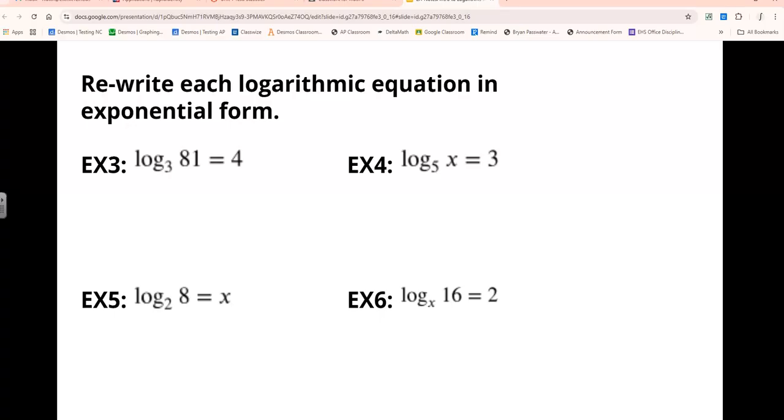So this tells us to rewrite each logarithmic equation in exponential form. Okay? So I'm starting with a log. The base of this log right here is a 3. So I have found the best way to think about this is to think about using inverses to rewrite this.